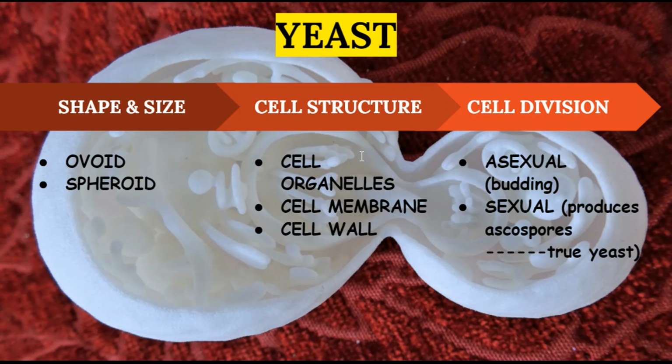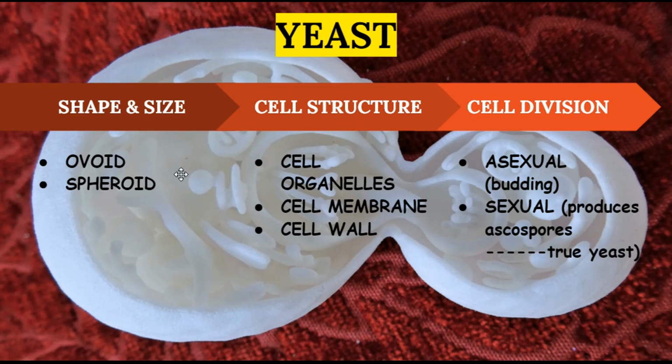So what are yeast? Yeast are unicellular, eukaryotic, and of the kingdom fungi. Their size varies from 3 to 4 micrometer, and they can grow up to 40 micrometer. The shapes are ovoid or spheroid.